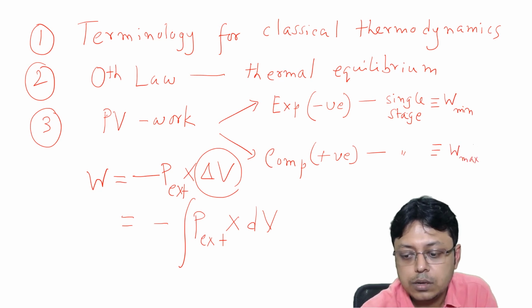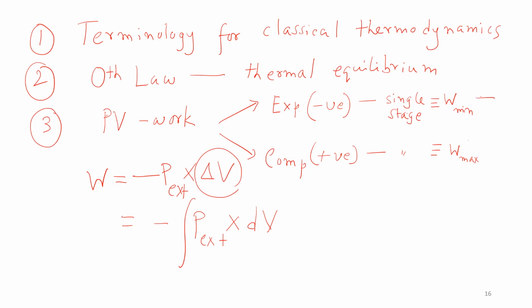Then we talked about multistage, and we showed that if the number of steps is infinitely high, then the work done during the expansion by the system and the work spent during the compression by the surrounding on the system will be equal, and this work will be nothing but the area under the pressure volume isotherm.